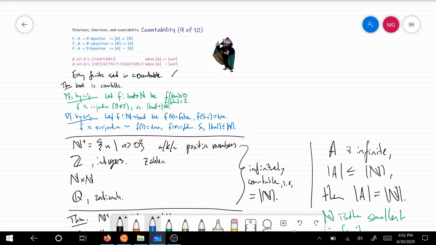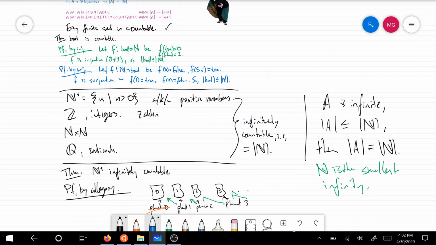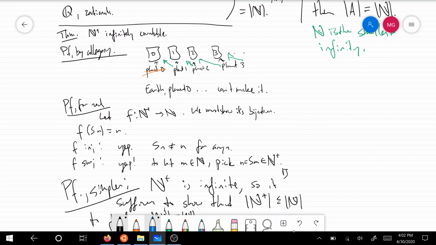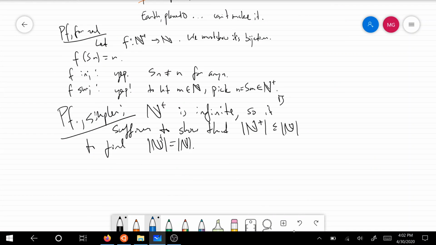Either we can come up with a surjective function from the naturals to the positives, or an injective function from the positives to the naturals. Just to mix things up, let me do the surjective function. So here's a simpler proof. Let g from N to N plus be g of n equals S of n.